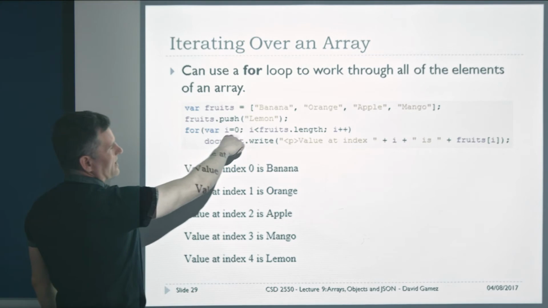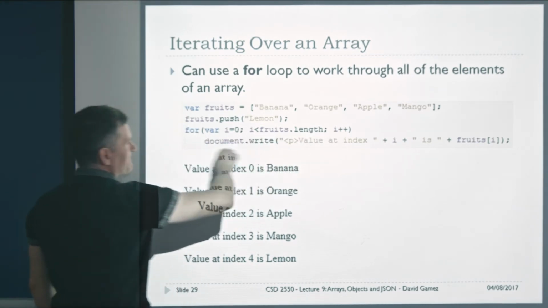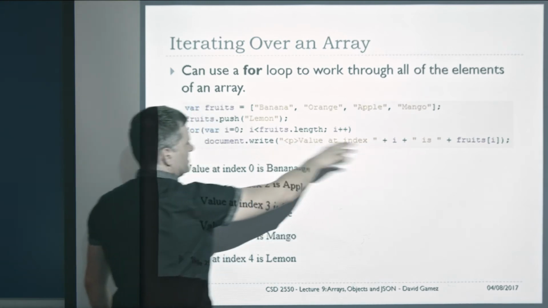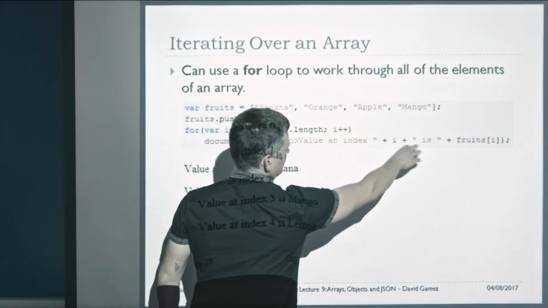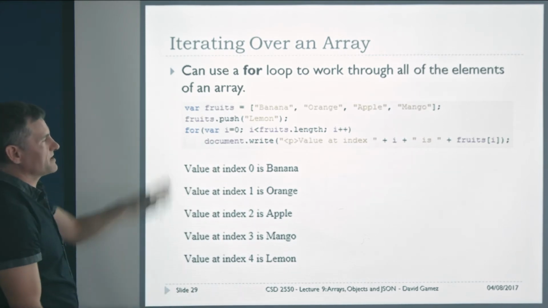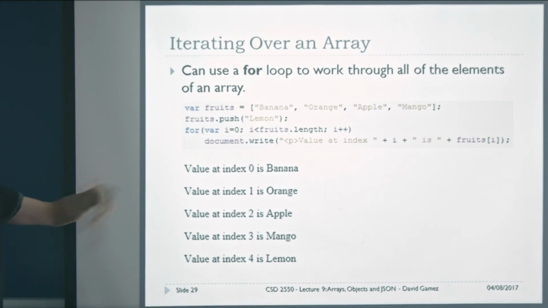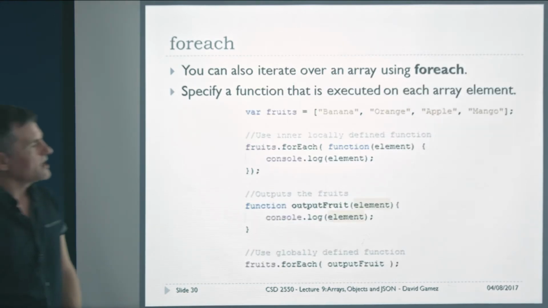We set i equals 0, i is less than fruits.length, i++, and then we can output the value at index i, fruits[i]. And this would be the output here. So we just use a simple for loop and use fruits.length to define how many times you want to work through the array, and use i as the index. So very easy. I don't think we need to go into that much.